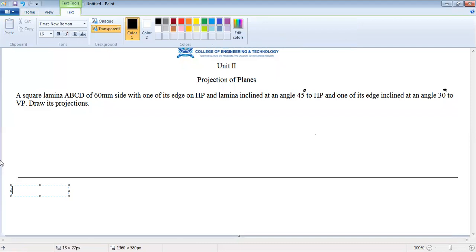So now we are going to draw the front view and top view, the plan and elevation of the lamina with its side parallel to HP.